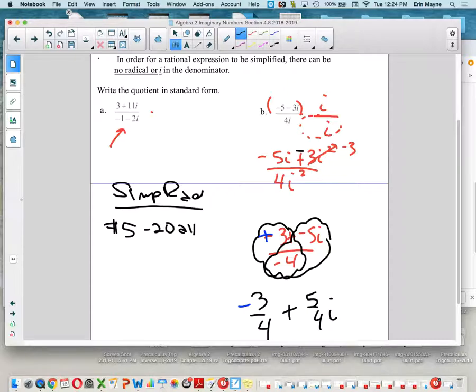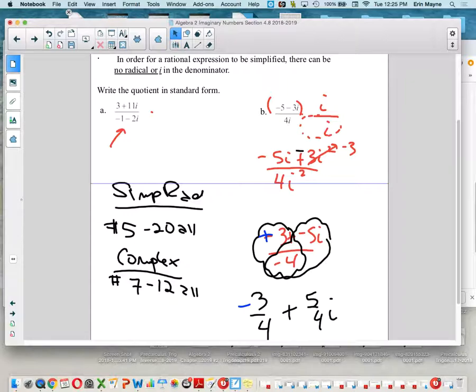Notice that's going to go pretty quick because it's just adding and subtracting at the bottom. And then on the complex numbers worksheet, you're going to do just numbers 7 through 12 all. Answers are on the back. Everyone clear what you're doing? All right, good work today. Thank you.